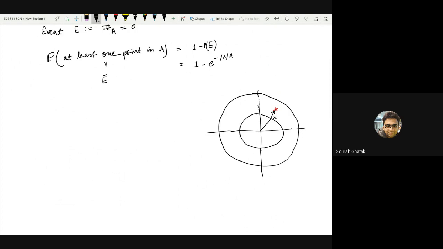Okay. So what does it mean when we say that this is the nearest point from the center? It means that there are no other points within a distance of x in the domain which we are observing in. I mean, of course, there can be points here, but we are not bothered about those. They will not come into the calculation of the nearest point inside of this set A, because these do not belong to the set A.